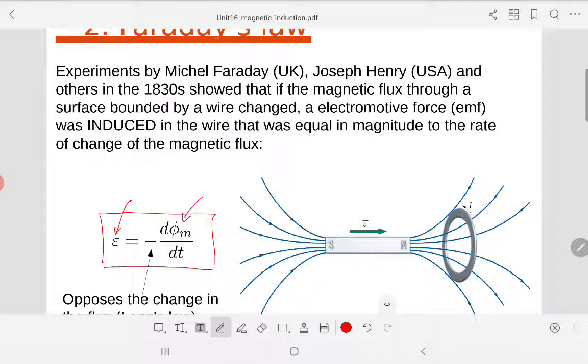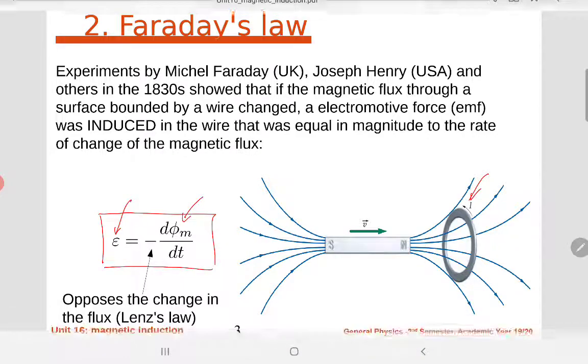So let's think of an example. We can take a wire in the shape of a ring, and a magnet with the north pole pointing towards the center of the ring, and then we change the distance between the magnet and the ring.